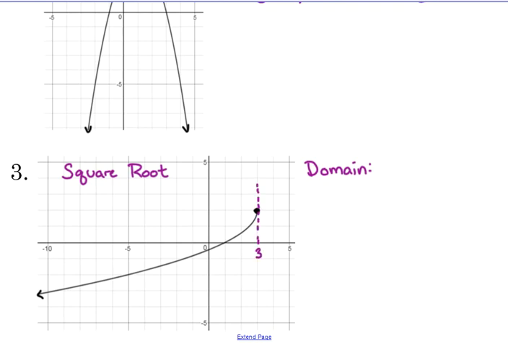Our graph stops when we get to x equals 3. So for our domain, in inequality form, our x values are less than or equal to 3. In interval notation, remember we start on the left, so we're going from negative infinity until we get to positive 3.